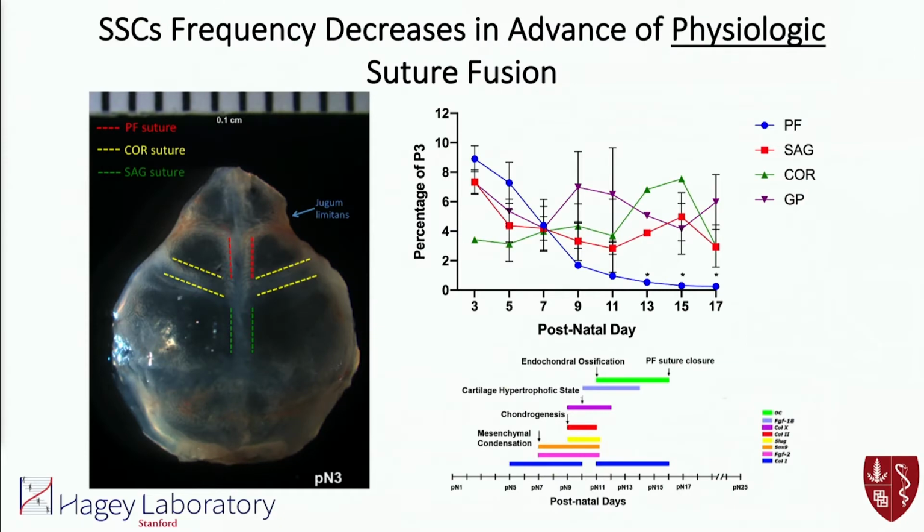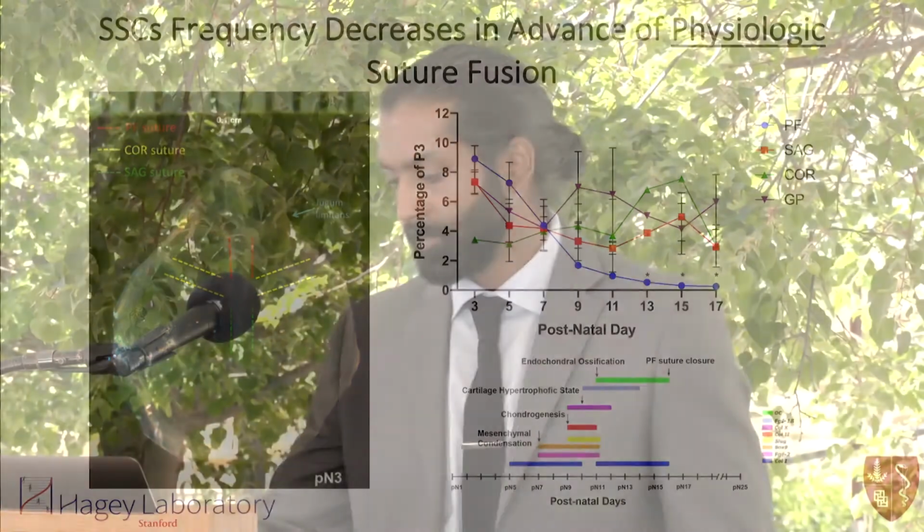We started our investigation with time course profiling of SSCs from the PF, SAG, and coronal sutures in mouse along the timeline of PF suture fusion, which is postnatal day 3 through 17. And what we found is that in the PF suture, the only suture that fuses physiologically, there was a decrease in representation of SSCs in advance of fusion, whereas in the patent SAG and coronal sutures, this representation stayed more sustained through this time course.